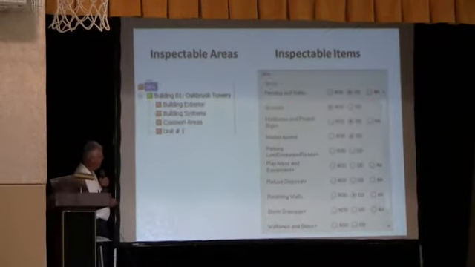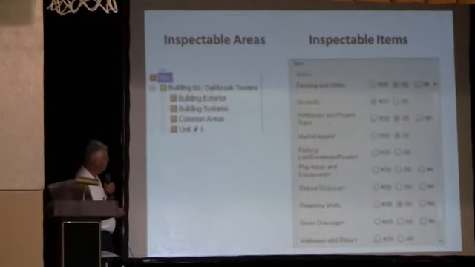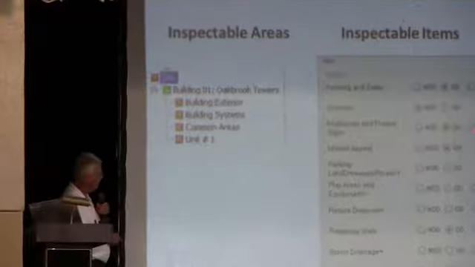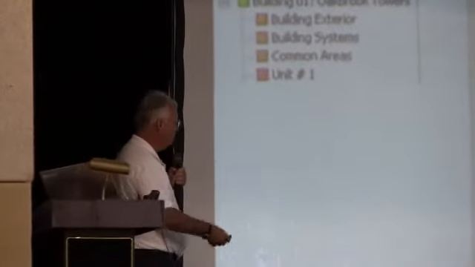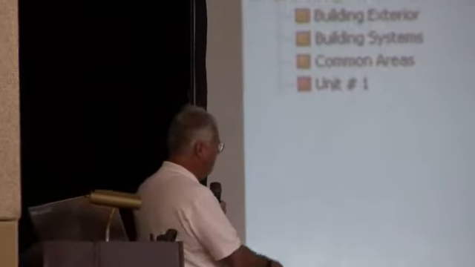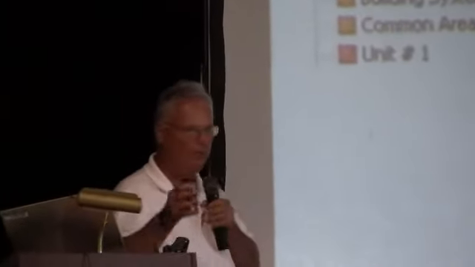It'd be an NA. Grounds, mailboxes, NA, because maybe the mailboxes are inside the building as opposed to on the site. So this is basically all the screens that we see. This gives you the mindset of how the inspector looks at everything. And everything is looked at through the software. Okay?